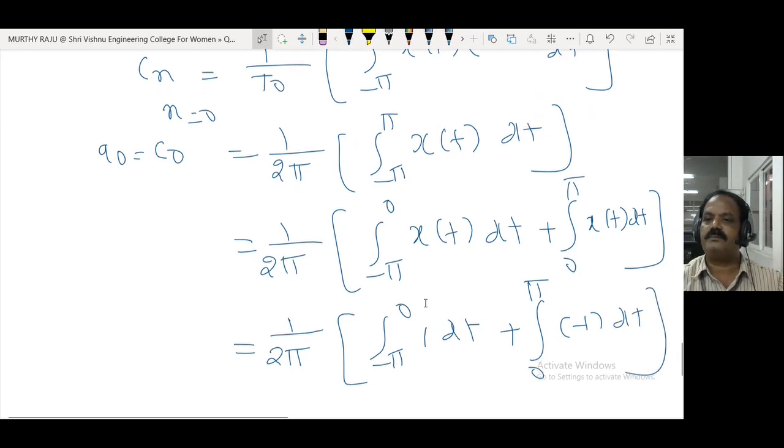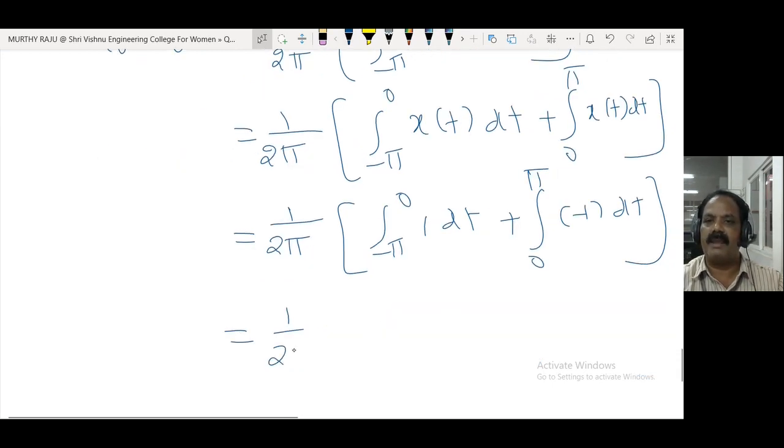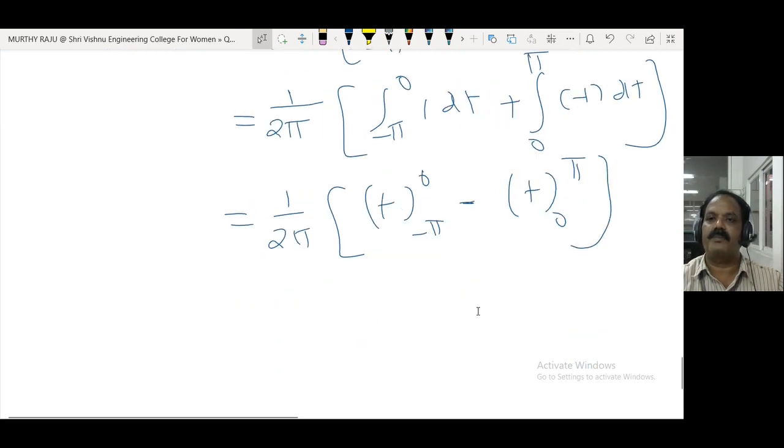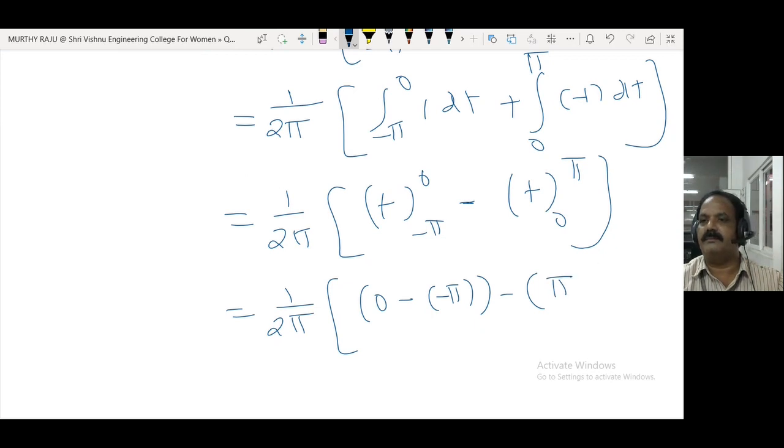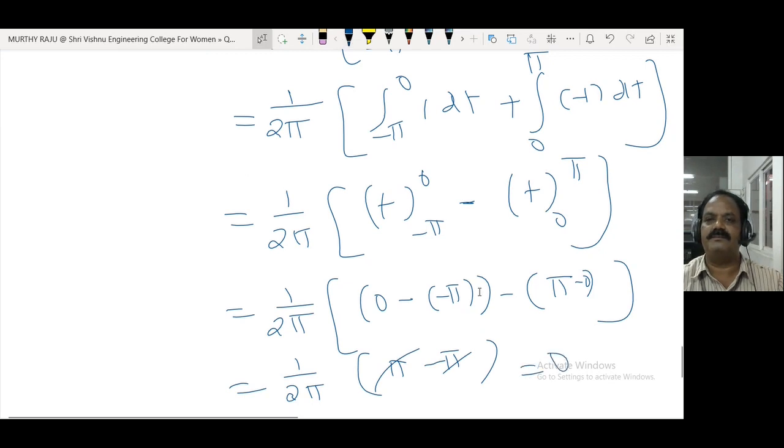The integral of 1 dt is t. So 1 by 2 pi, 0 minus of minus pi, minus pi minus 0, which is pi minus pi. That cancels, that is 0.